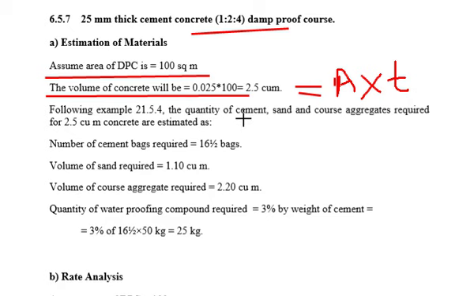It is given how you calculate the quantity of cement bags, which we discussed in earlier examples. Suppose you have 2.5 cubic meter. For producing 2.5 cubic meter of wet volume, we require 1.25 times of this.